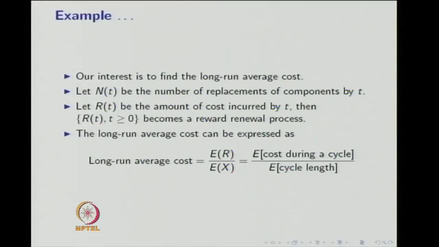The long run average cost can be expressed as the ratio of the expectation of R by the expectation of X, which we are going to conclude later. Now we use that the long run average cost is the expectation of R divided by the expectation of X. Expectation of R is the expected cost during a cycle, and expectation of X is the expected cycle length.